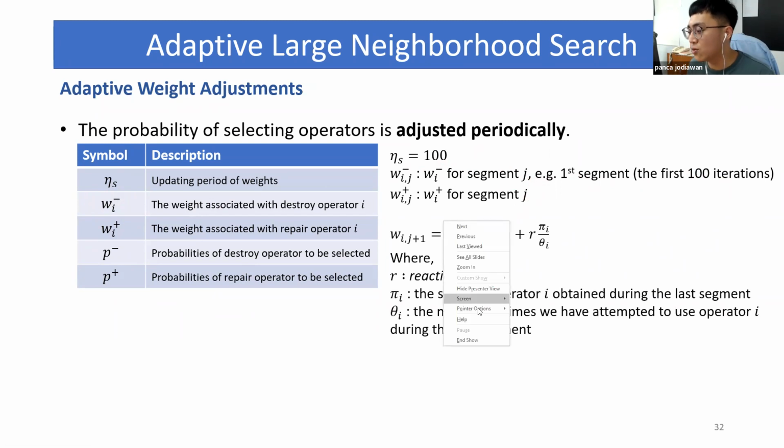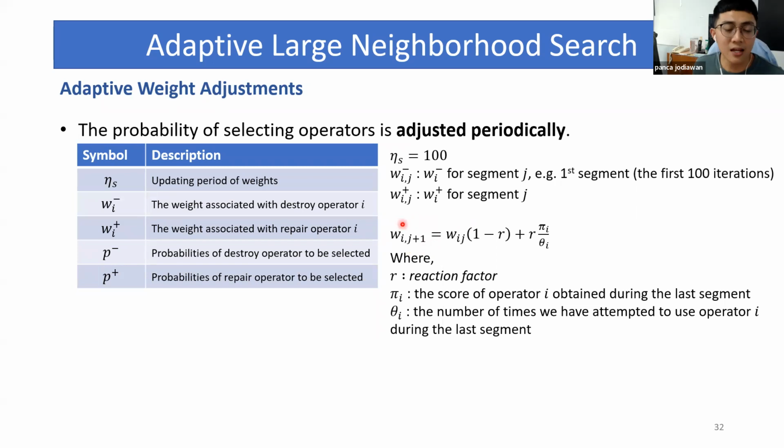Then how to calculate the weight? Take a look at this formulation: w_i,j+1 equals w_ij times (1 minus r) plus r times pi_i divided by theta_i. The formulation is quite long, but I will try to explain it. So w_i,j+1 means the weight of the next segment, j plus 1.